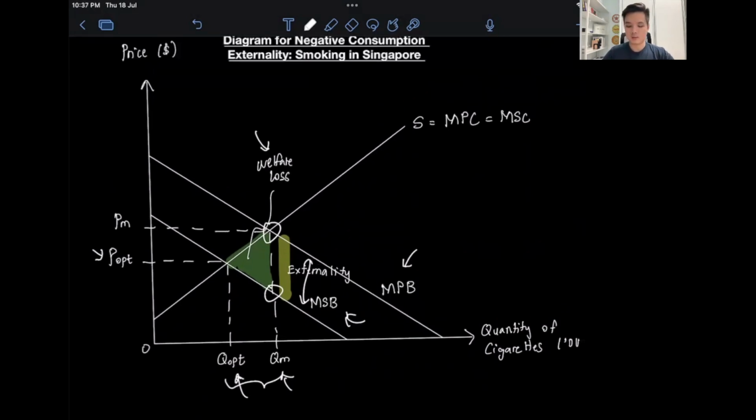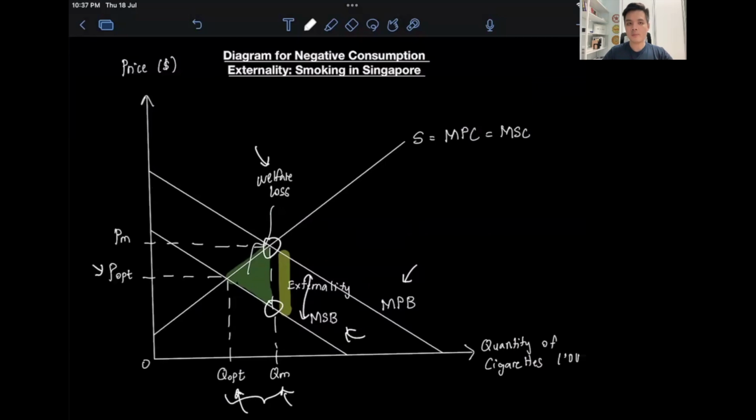And in this particular example of smoking in Singapore, cigarettes are the good that are overproduced relative to social optimal levels. And as a result, the welfare loss triangle always points to the left, as we see over here, because the free market is over-allocating resources to the production of the good.